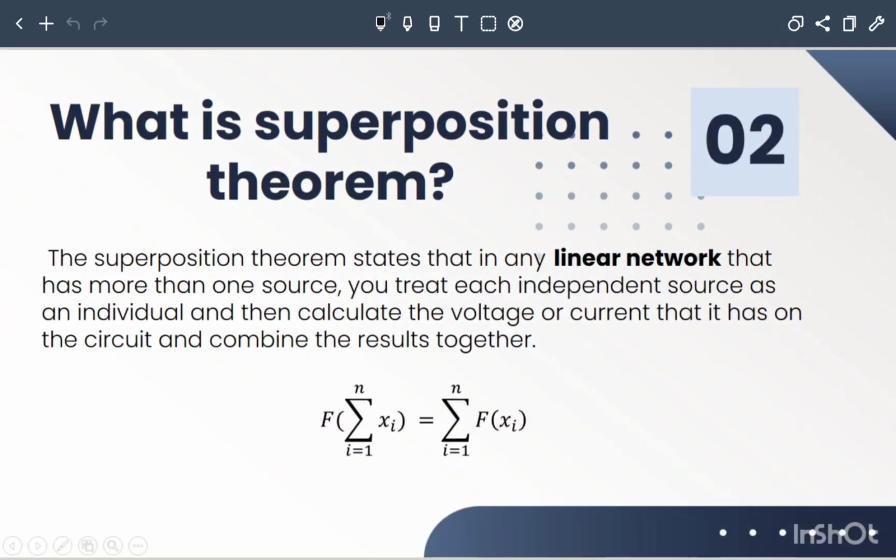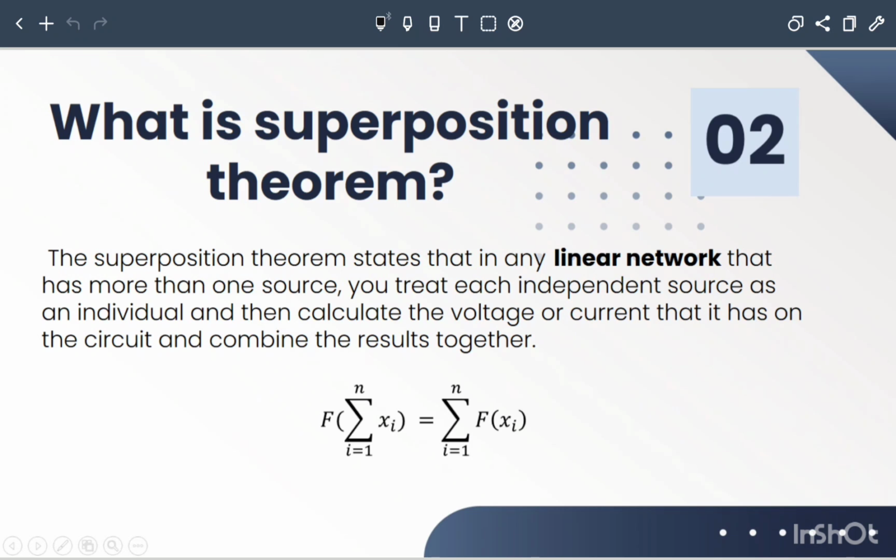The superposition theorem states that in any linear network that has more than one source, you treat each independent source as an individual, and then calculate the voltage or current that it has on the circuit and combine the result together. It's like solving a puzzle, where each independent source in the circuit contributes a piece to the solution.